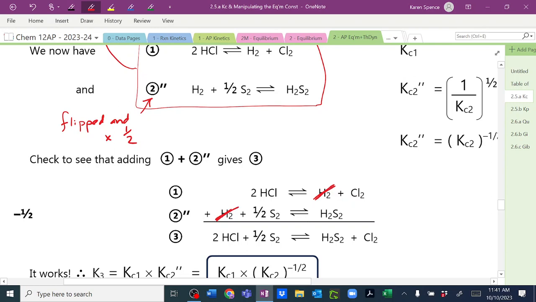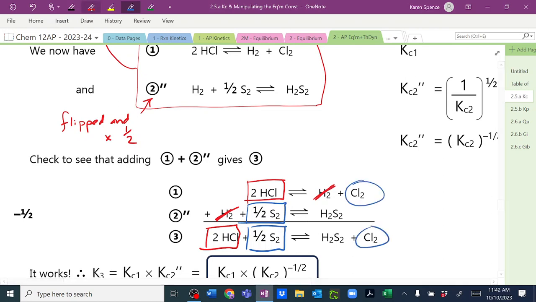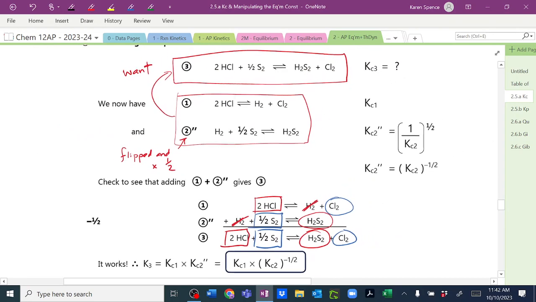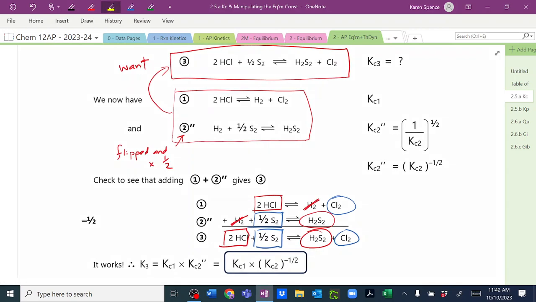We have 2 HCl, 2 HCl, 1/2 S, 1/2 S. We have Cl2, Cl2, and we have H2S, H2S. Is that reaction 3? Let's look. Are these 2 the same? Yes, they are.